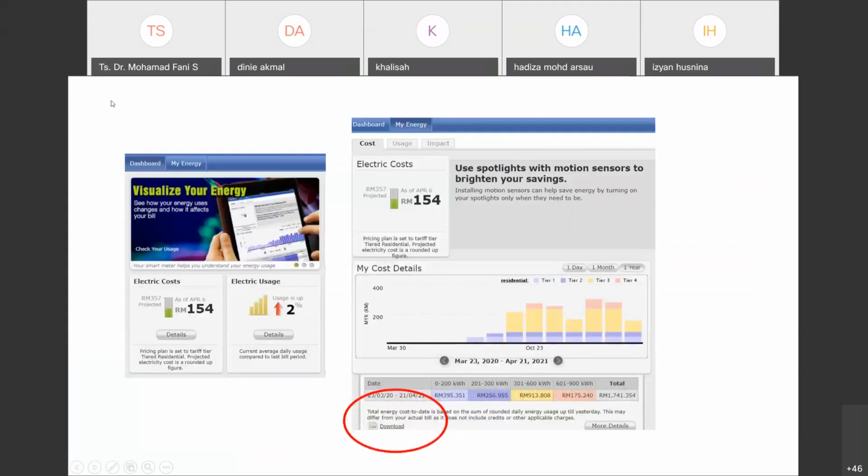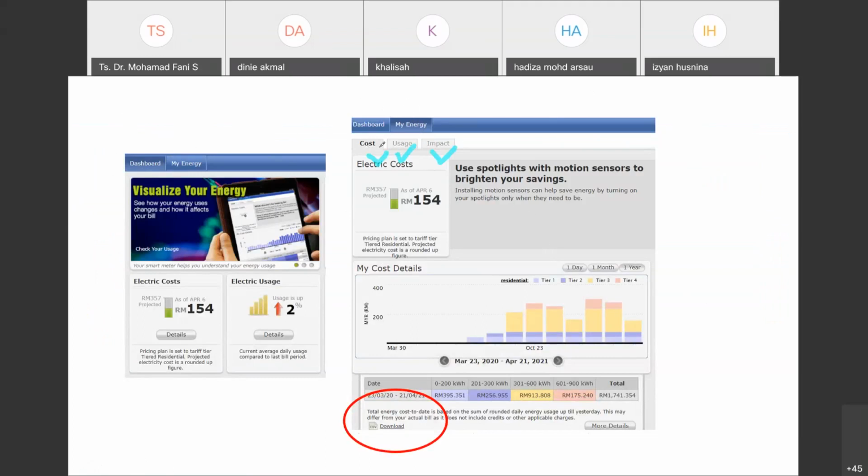So the link will appear something like this. That's the dashboard for the smart meter. Under My Energy, there are cost, usage, and impact.